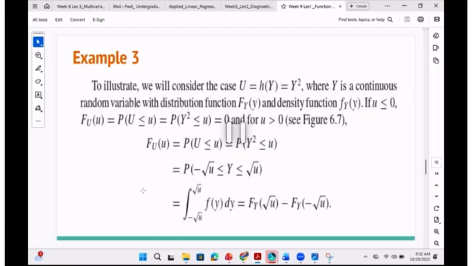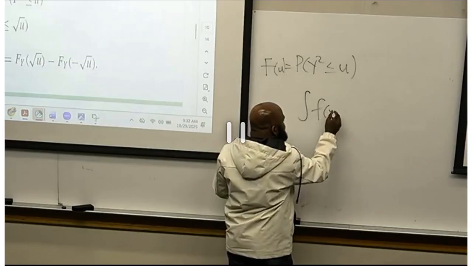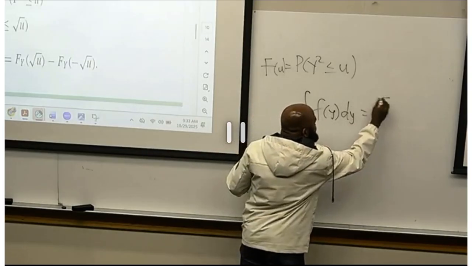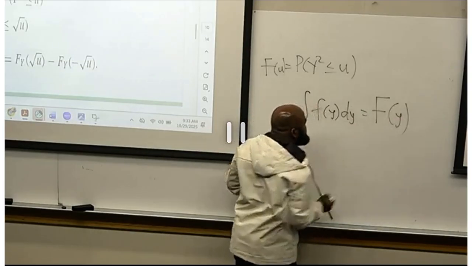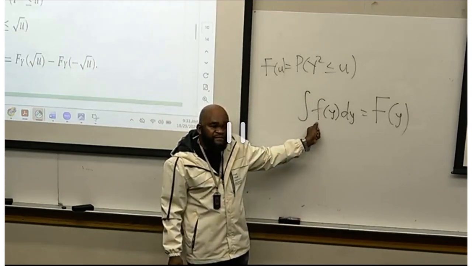If I perform an antiderivative on f of y, I'm actually going to have a CDF. So this is what I'm actually saying. The integral of f of y dy is going to give me this, the antiderivative of a PDF. PDF is a lowercase f.